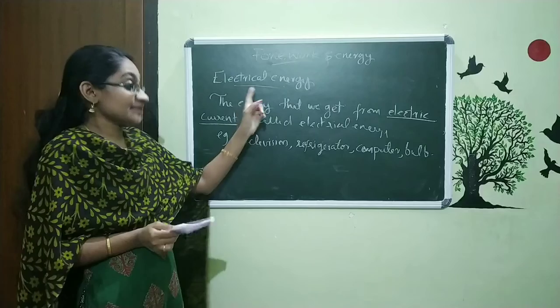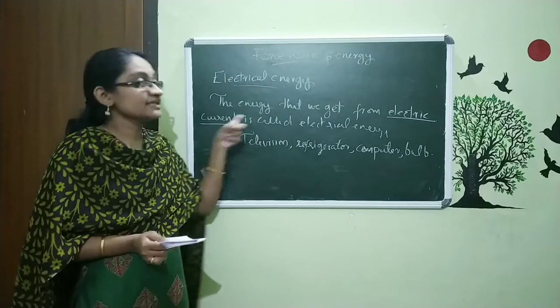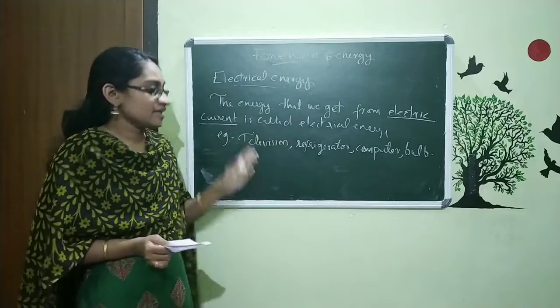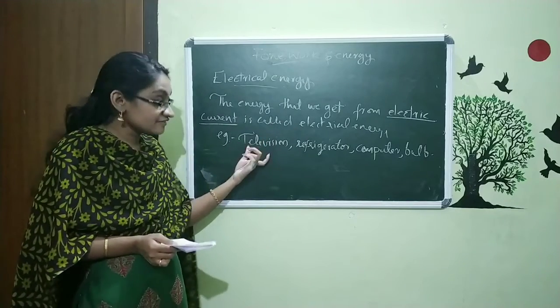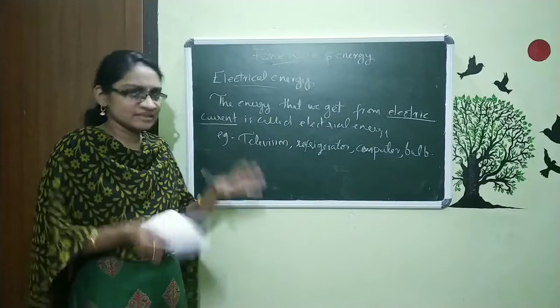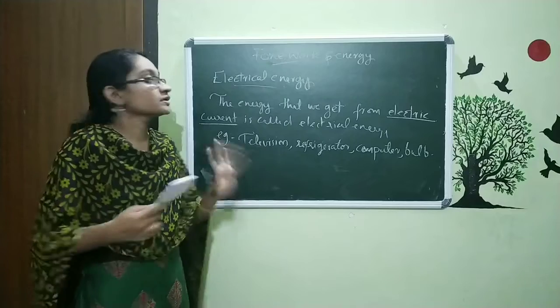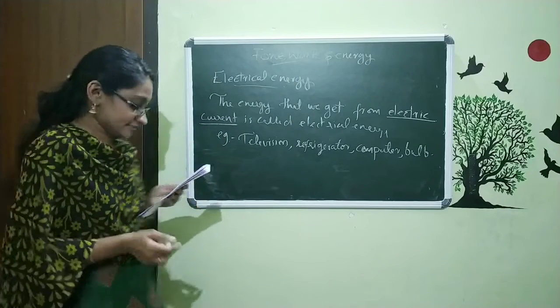So the thing is, the energy that we get from electric current is called electrical energy. And the devices like television, refrigerator, computer, bulb, like all the things are using this electrical energy to work. So that's about the electrical energy.